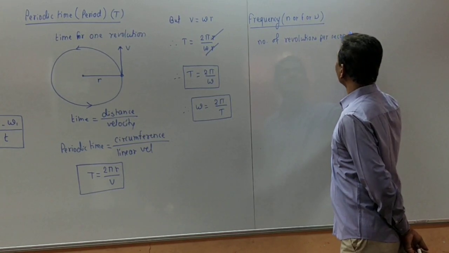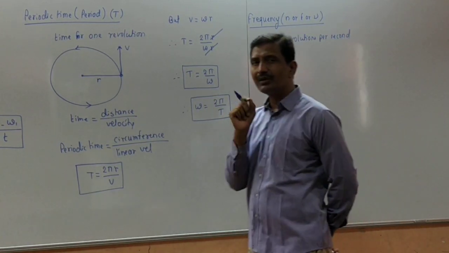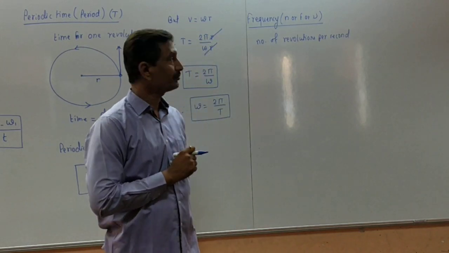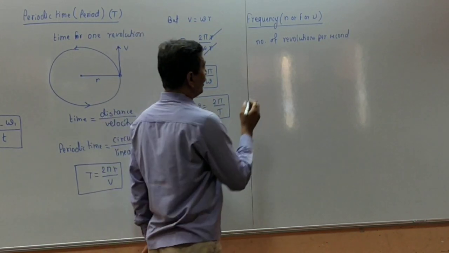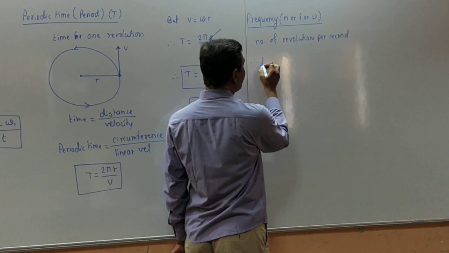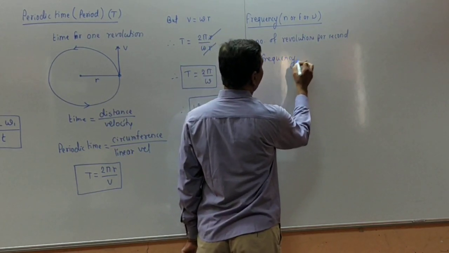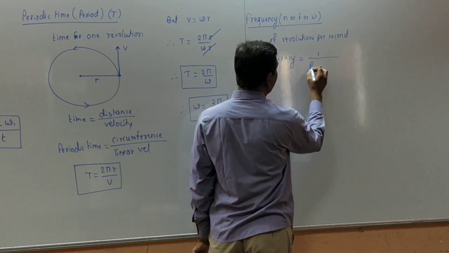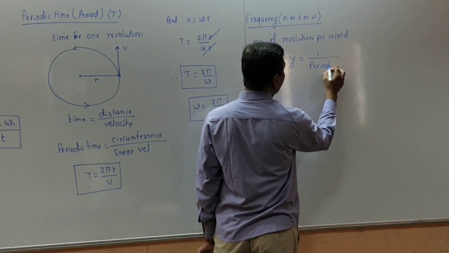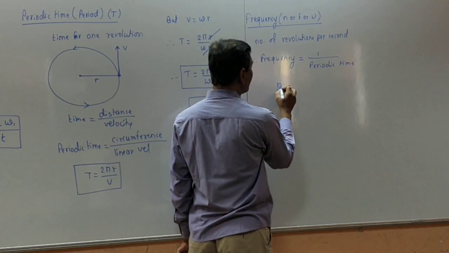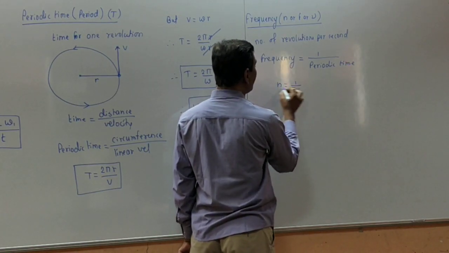Means in 1 second, how many revolutions are completed by the particle is called its frequency. So therefore, frequency is the reciprocal of the period. Frequency is the reciprocal of the period or periodic time, and hence we get N is equal to 1 upon T.